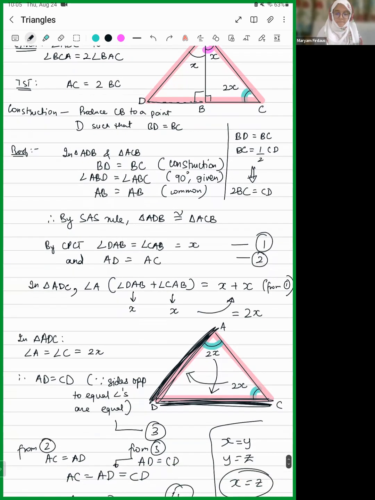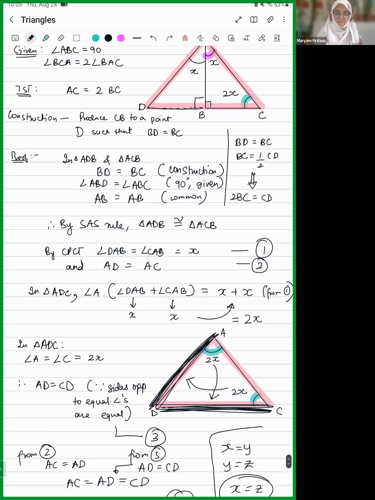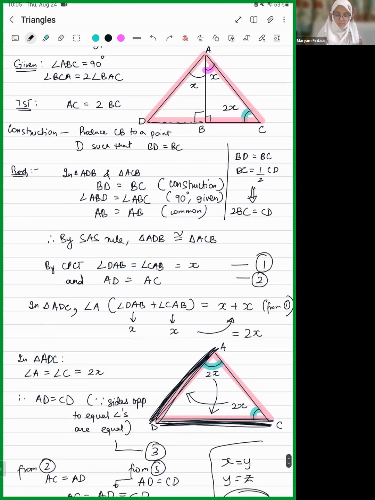Then by CPCT, angle DAB and angle CAB are equal to X. And AD is equal to AC, by CPCT.